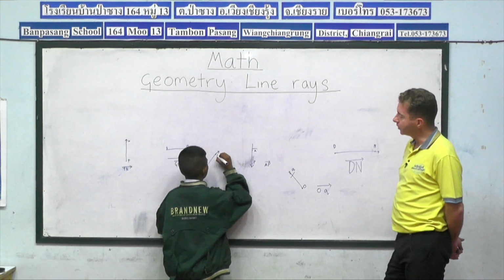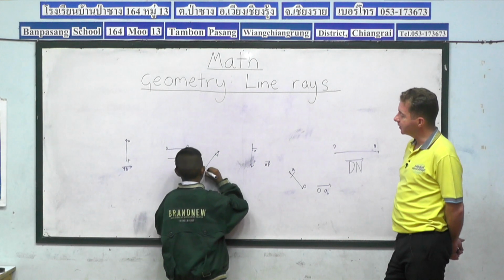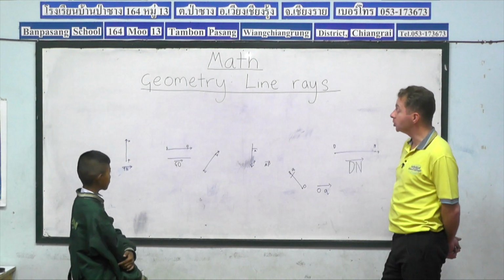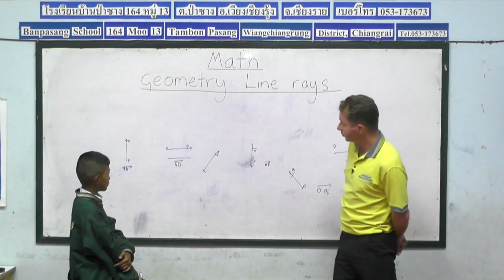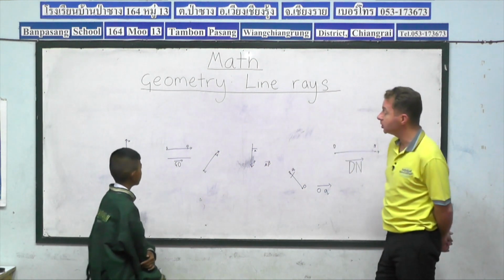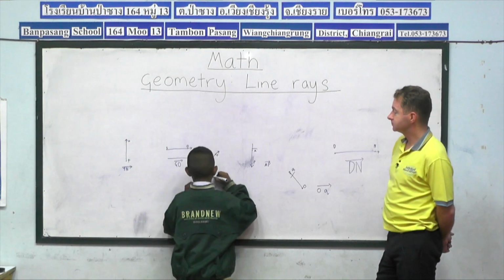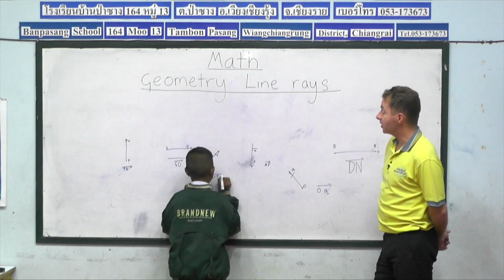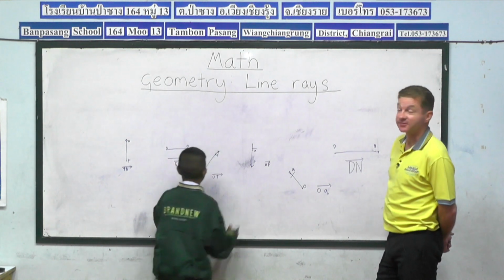So the second point will be T, and the first one will be U. So it's line ray UT. So Pat, now can you do the symbol for line ray UT? Perfect. With the arrow over the second letter.